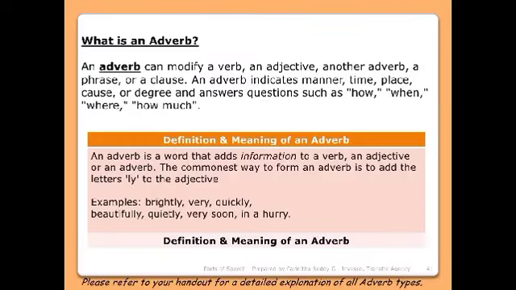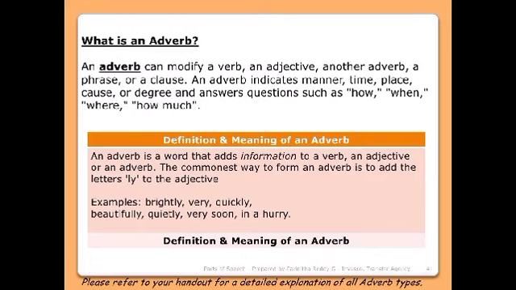is an adverb. An adverb can modify a verb, an adjective, another adverb, a phrase, or a clause. An adverb indicates the manner, time, place, cause, or degree in answer to questions such as how, when, where, how much. An adverb is a word that adds information to a verb, an adjective, or an adverb.